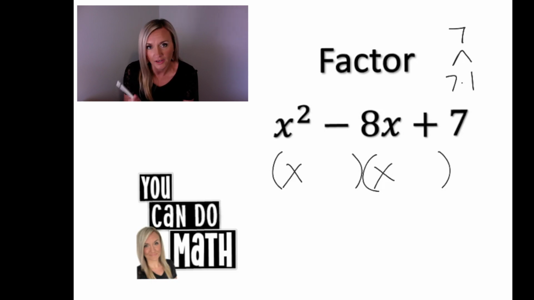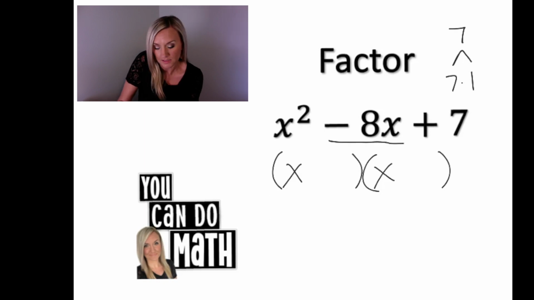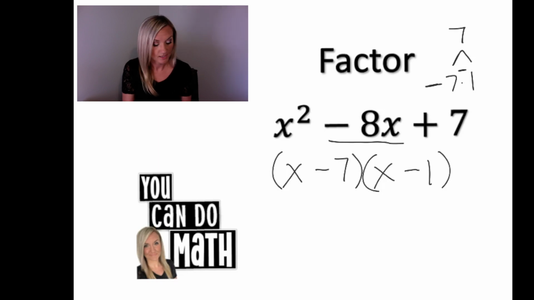Please look at your signs. The middle term is a negative. So that means that when I add the 7 and the 1, they both have to be negative: negative 7 and a negative 1. I'm just going to place those in my parentheses, negative 7 and negative 1. And there you go. There's your factored form.